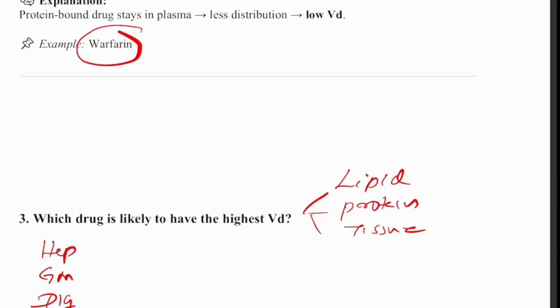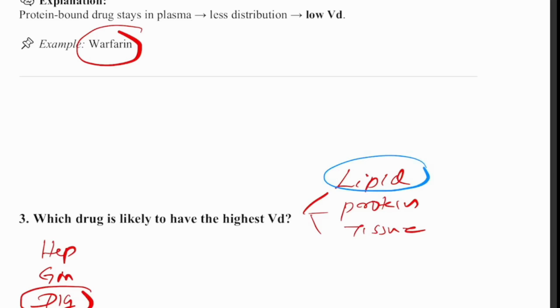That is the correct answer. Digoxin is the drug with high volume of distribution because it is highly lipid soluble.